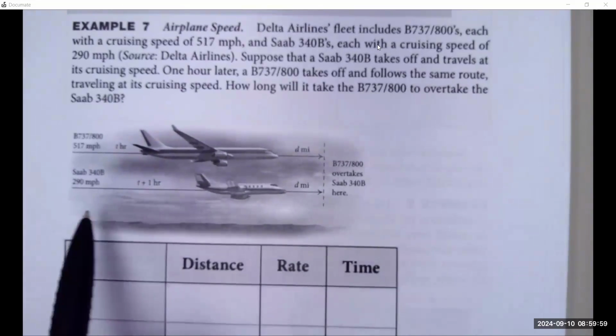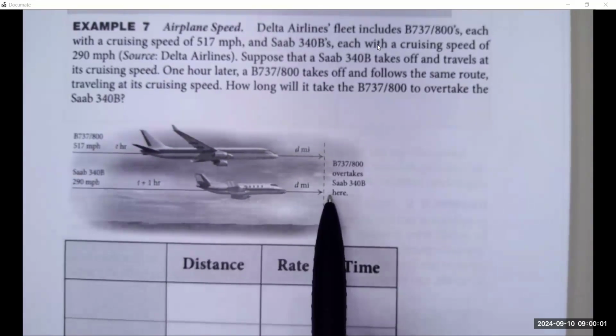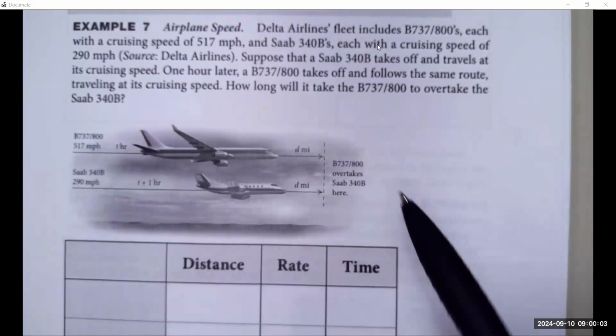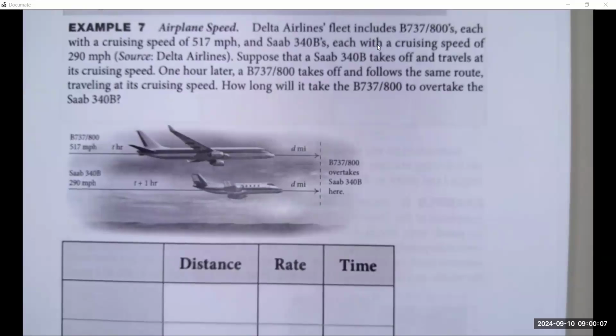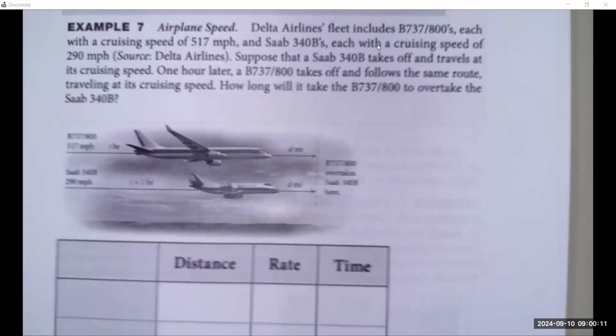So as we see from the pictures, the Saab took off first and the 737 follows. How long until they are the same distance away? That's what it's asking: at what point will the distances be the same?